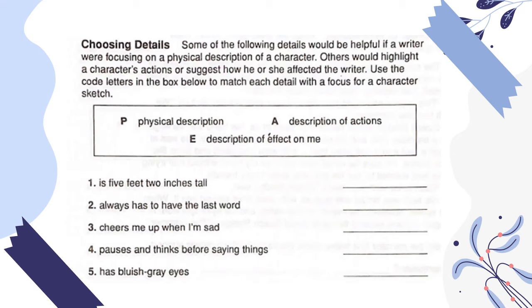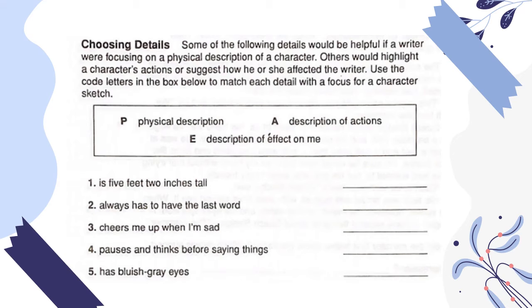Use the code letters in the box below to match each detail with a focus for a character sketch. So put P if it's a physical description of the person, put A if it's a description of their actions, and E if it's a description of their effect on you, and just you, not the world in general, just you.